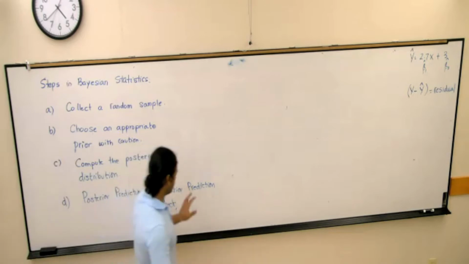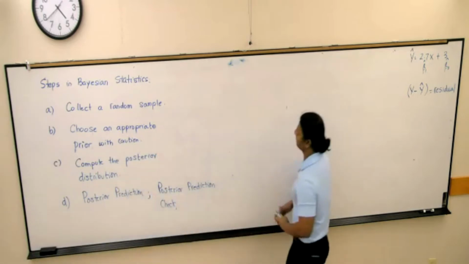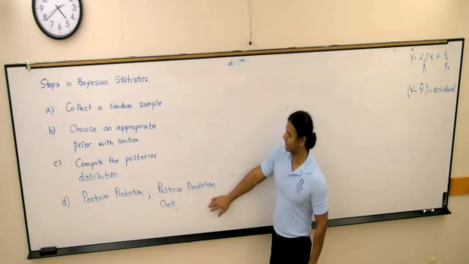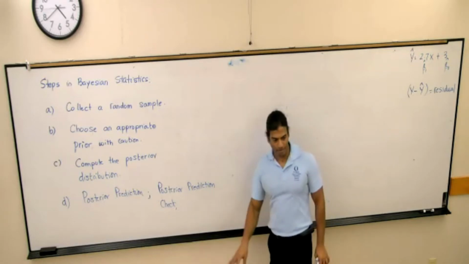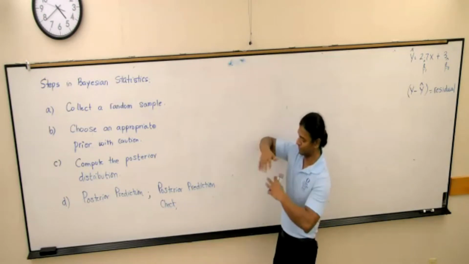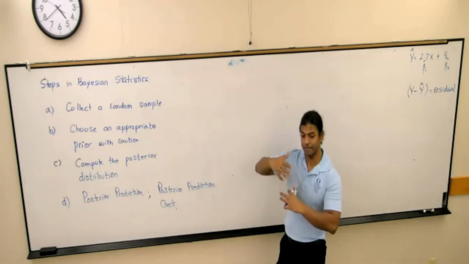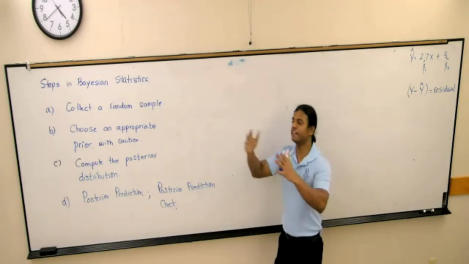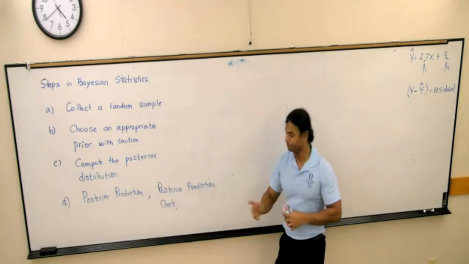So at this step, we're going to generate data using the posterior parameters that we have to see if whatever data that we generate fits the actual data properly.